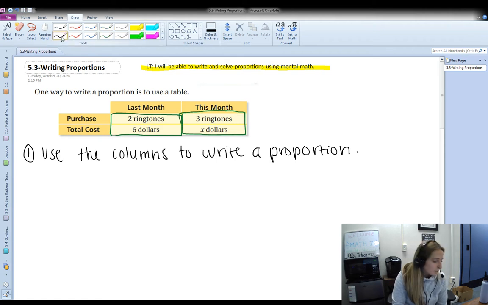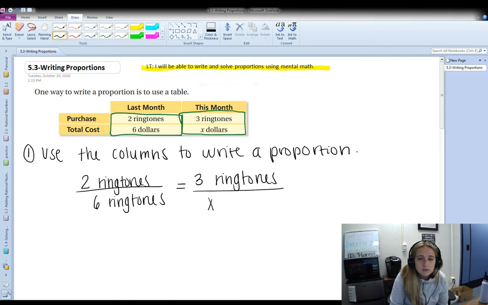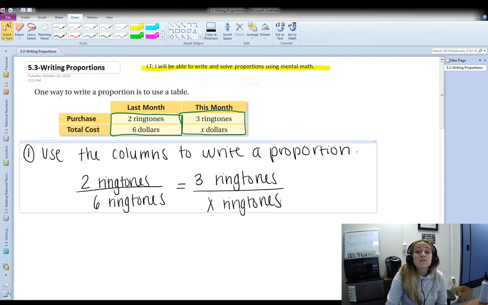And then remember, to set up a proportion, it's a fraction, and we want to label it. So we would write down 2 ringtones over 6 ringtones. And then equals, because the proportion always has an equal sign in between the fractions. And then we literally just write the second one, which is 3 ringtones over X ringtones. Okay. So that is the first way to do it.